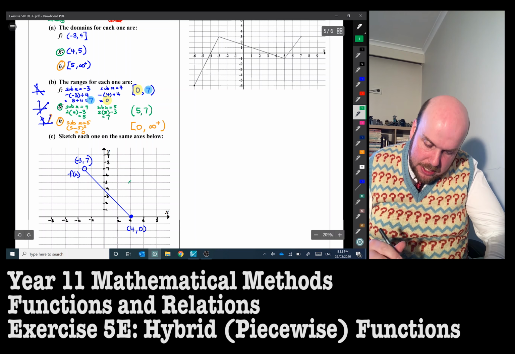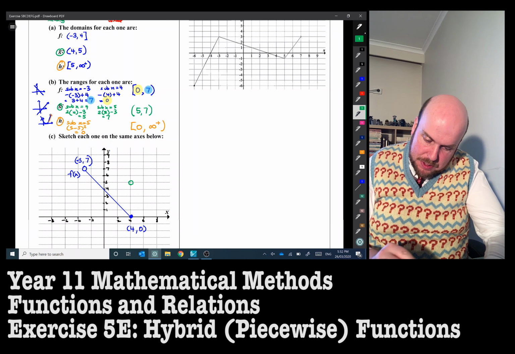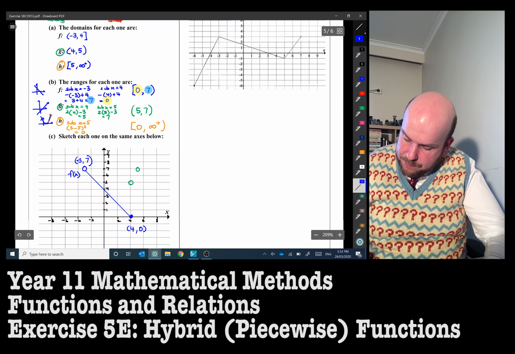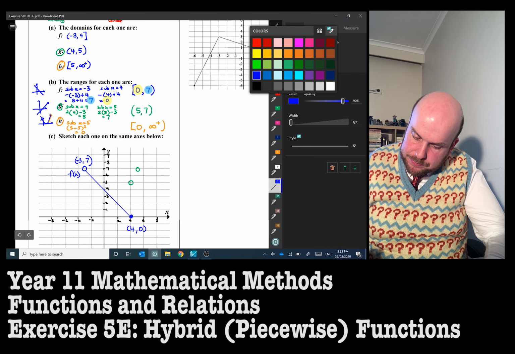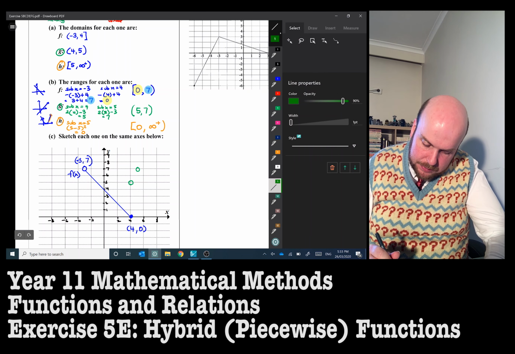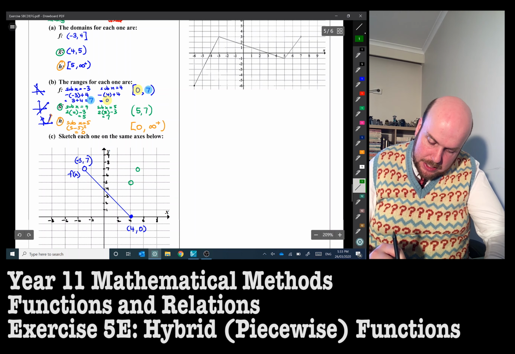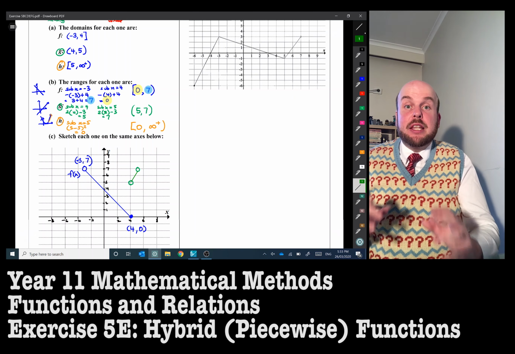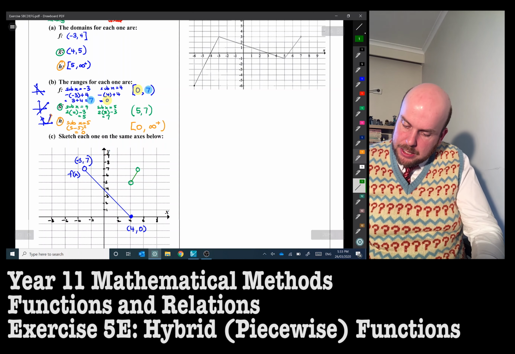And then at the coordinate 5, which is also not including, we've got 7. So it's going to be like that. And I'm going to get my green line going. There we go. Get that in there. Remember that the open circles mean not including. The coloured in circles means it is including.